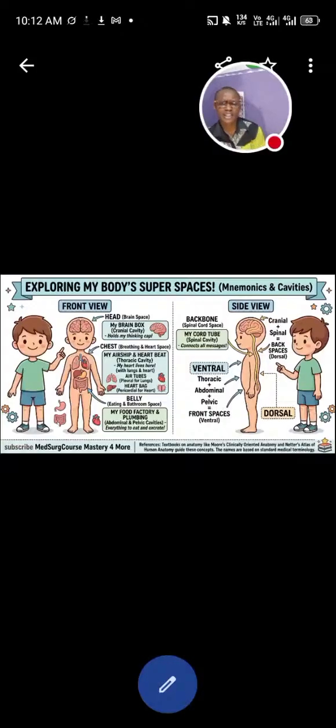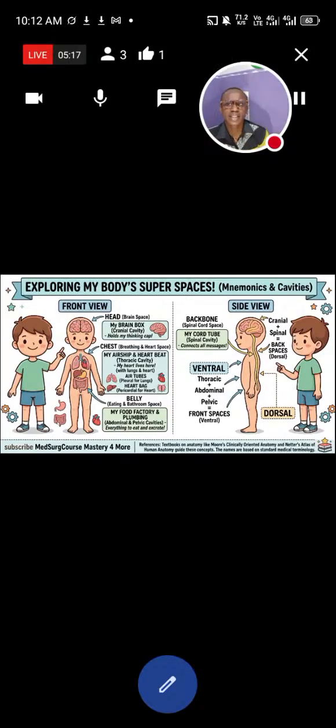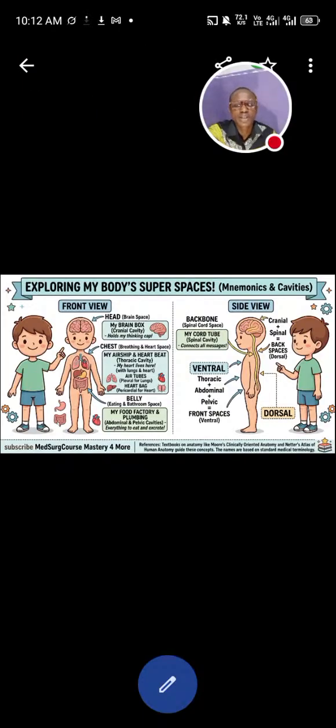Spaces in the human body: the head, the chest, that's the thorax, the neck, the lower limb, the upper limb. So let's keep moving on.